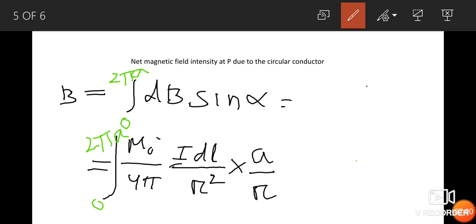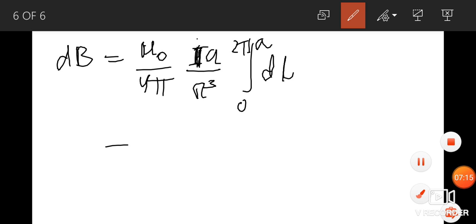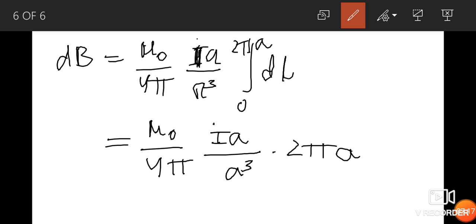Then mu 0 by 4 pi, I, a by r cube, are constants, and dl is the part we have to integrate. We get mu 0 by 4 pi times I a by r cube into 2 pi a.